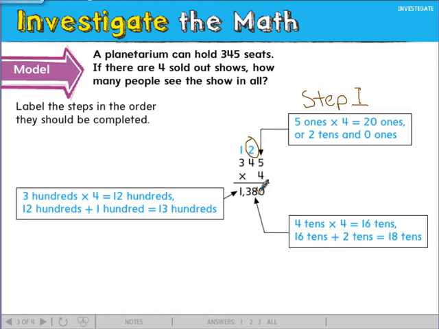Because it was 20, there's a 0 in the 1 spot, 2 is in the 10 spot in 20, so they carry it over. Alright? This is called regrouping. So this is step 2. And step 3 is, I guess it's pretty obvious because it's the only one left. 300s times 4. Okay? So we have step 1, 2, and 3.